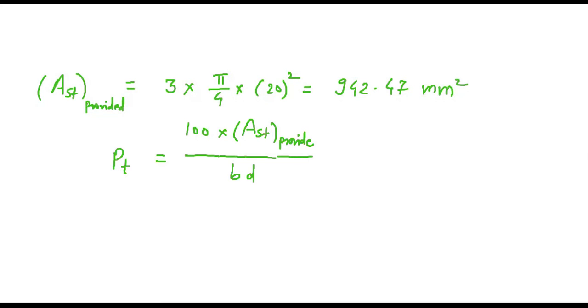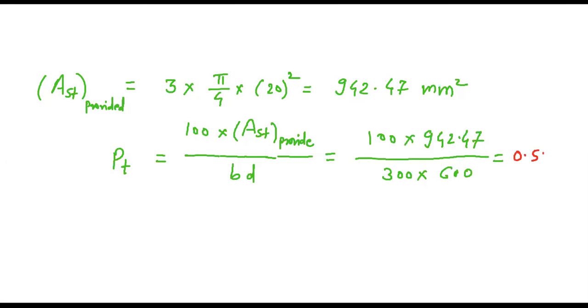So what is the percentage of steel now? It is 100 into 942.47 whole divided by 300 into 600. So the percentage of steel is 0.52%.